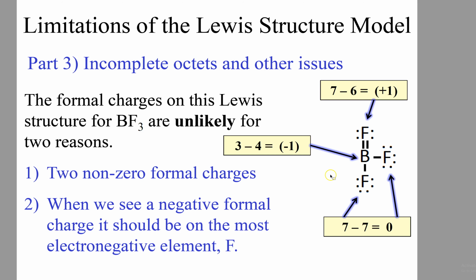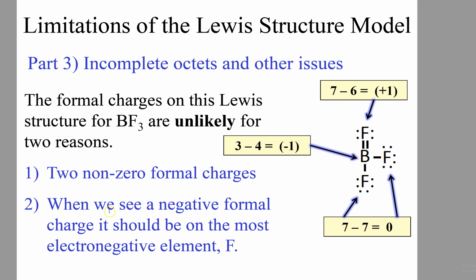Another example here, if you take a look at boron, the formal charges on a Lewis structure are unlikely for these two reasons. If you take a look at doing a double bond just to satisfy boron, 2, 4, 6, 8, 2, 4, 6, 8, the problem is the formal charges are not going to line up. Fluorine's going to have a positive 1, boron's going to have a -1, and then the other one's going to have a 0.